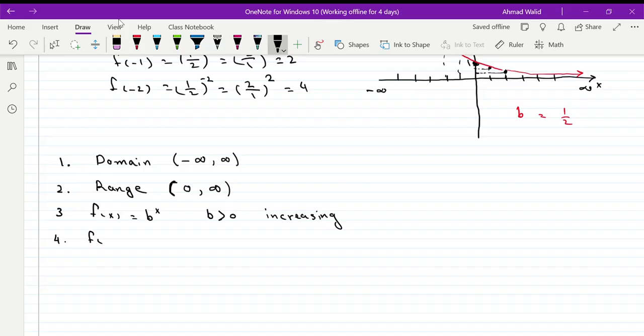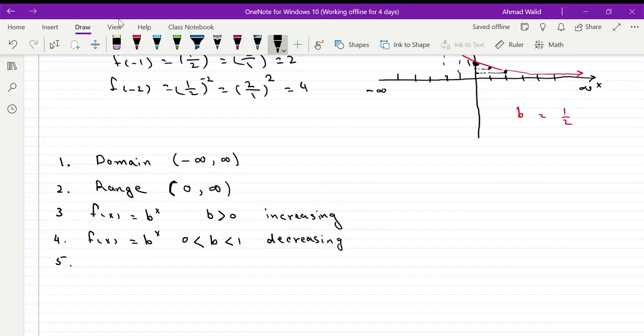If you have f of x equals b to the power of x and your b is less than 1, greater than 0, in this case your function is decreasing. It means your function falls from the left to the right.